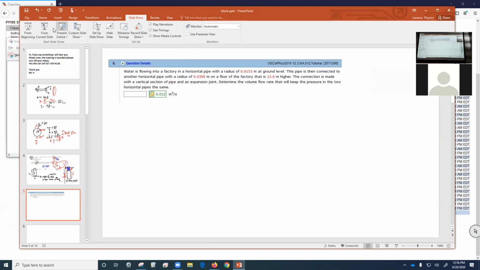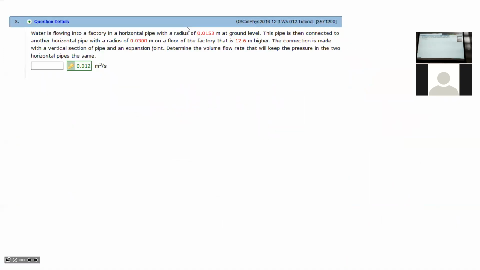No, we have exactly the same set of variables given to us. So let's see. You start from the ground level, and this is the radius number 1 given to us.